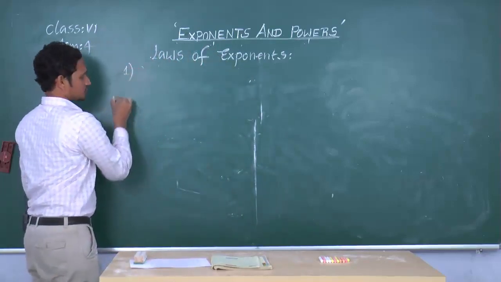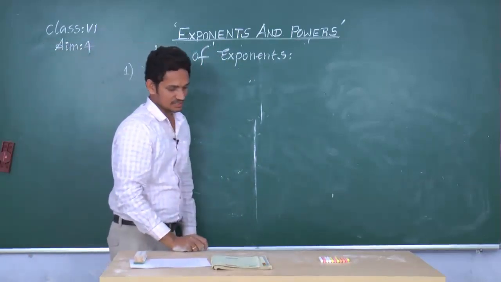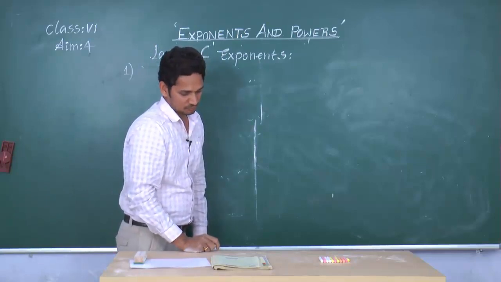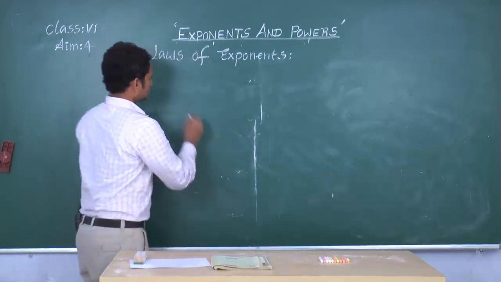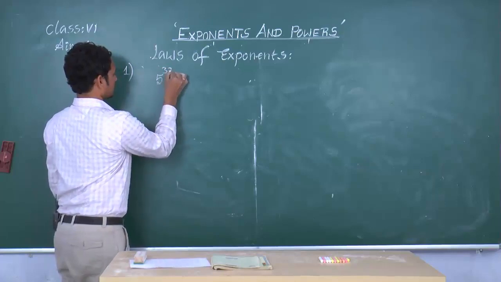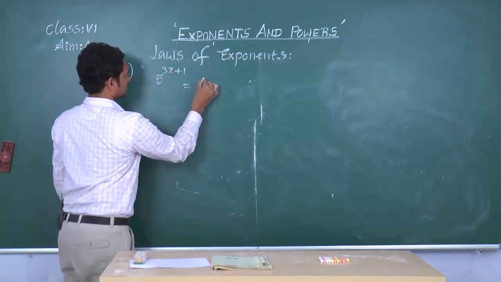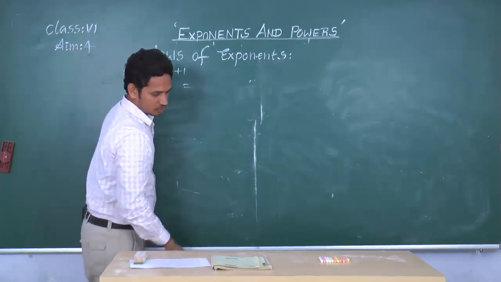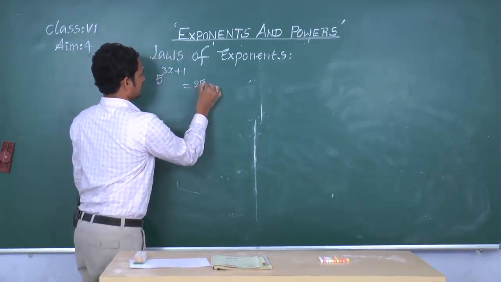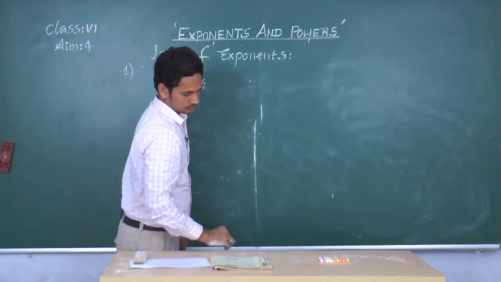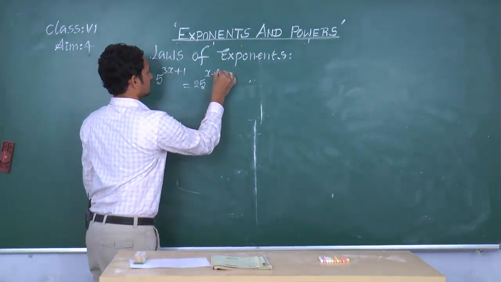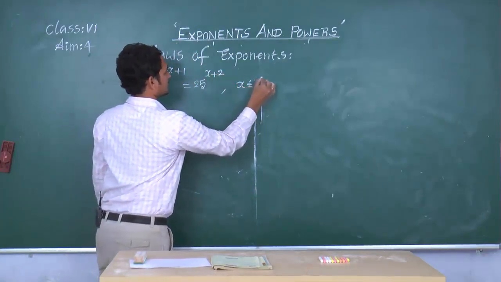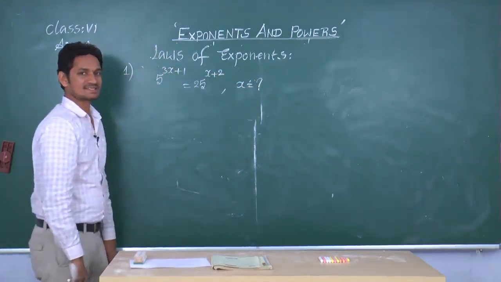Here the first question, which was given in aim number 4: 5 power 3x plus 1 equal to 25 whole power x plus 2. Now I am asking, what is the value of x?